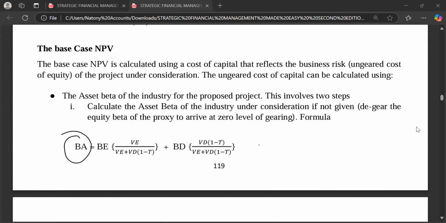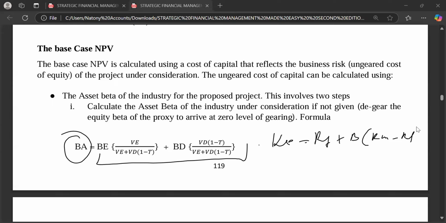From your risk-adjusted cost of capital, this is the formula to arrive at the cost of equity ungeared. So your CAPM formula, basically, you have KE is equal to RF plus beta into (RM minus RF). So in this formula, basically, you are using beta of equity here.